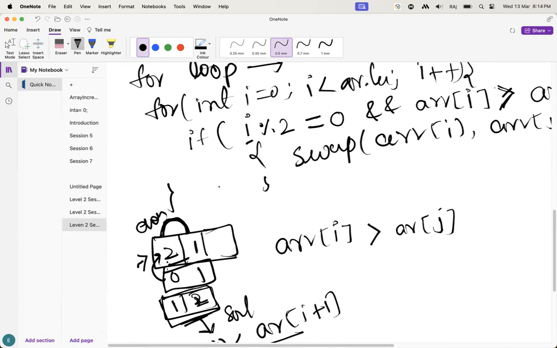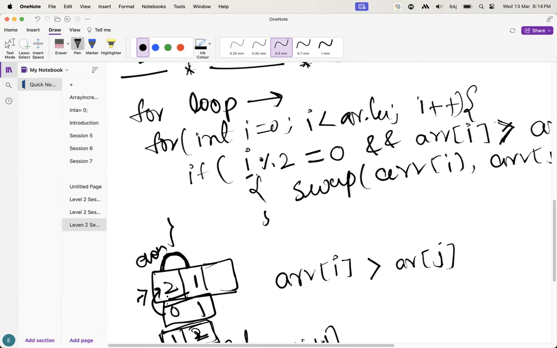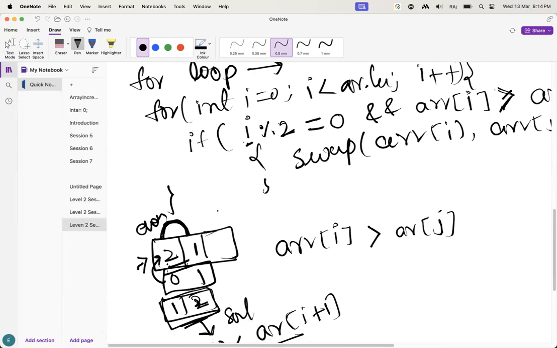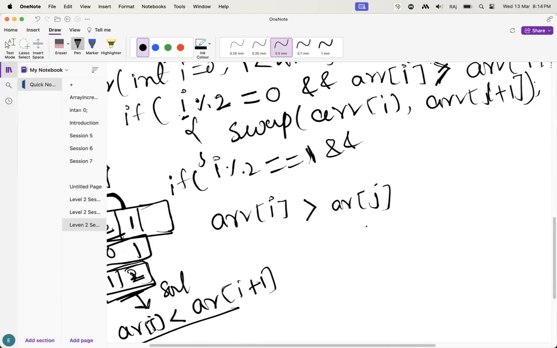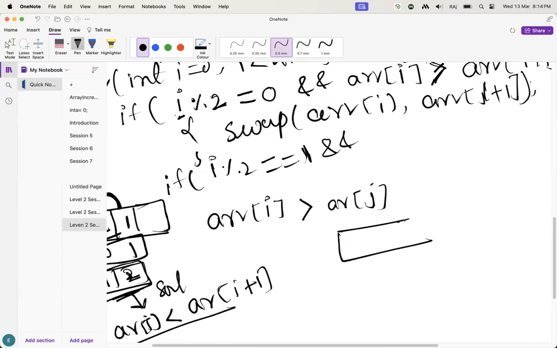Okay. What is the other case? We have checked for the even index. Now we have to check for the odd index. How are we going to check? If i mod 2 equals 1, that means odd index. Guys, check this. Let's suppose this is 0, this is 1, this is 2. The output is supposed to be like this: 3, then 1.